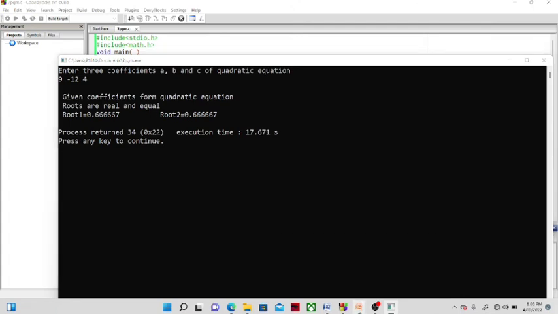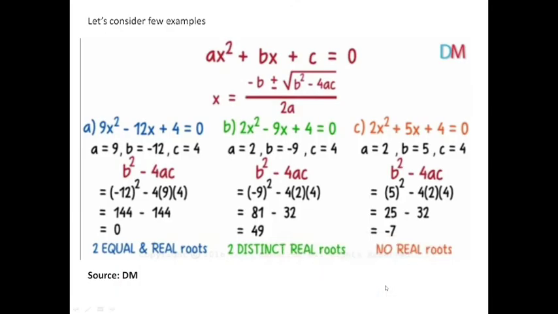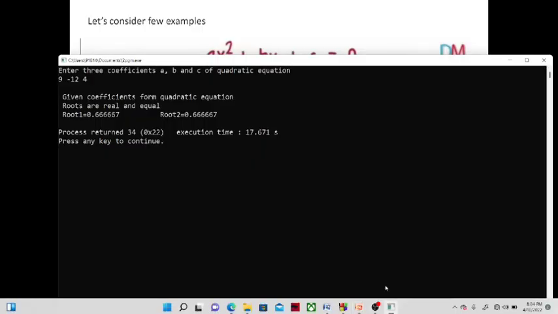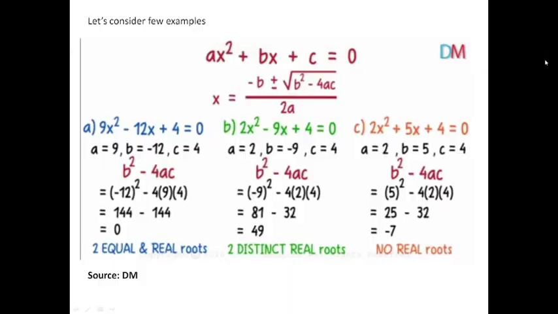Okay. So now what we do, we will take another set of values, that is a equal to 2, b equal to minus 9, and c equal to 4. So once again, I will execute this program.